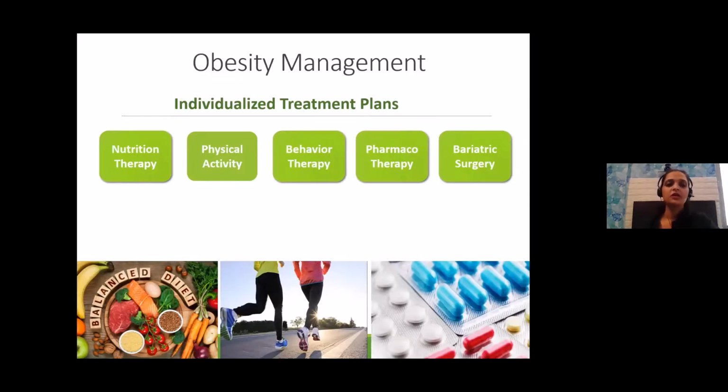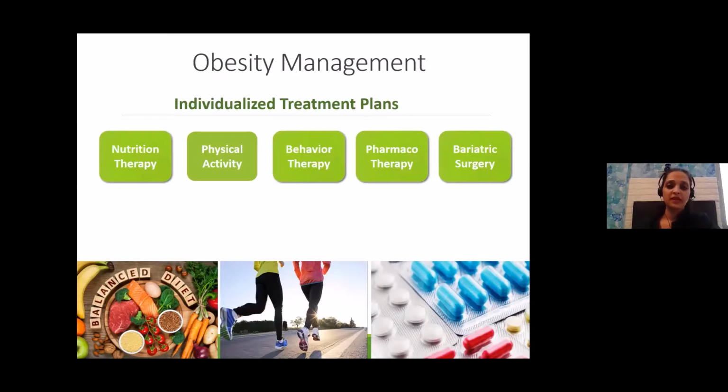Balanced nutrition planning can save the patient from different deficiencies that might come up. Physical activity is definitely required. Most important is to protect the patient while they are being physically active. Behavior therapy, motivation and sustained motivation, is an important part of losing weight and reducing fat from the body.